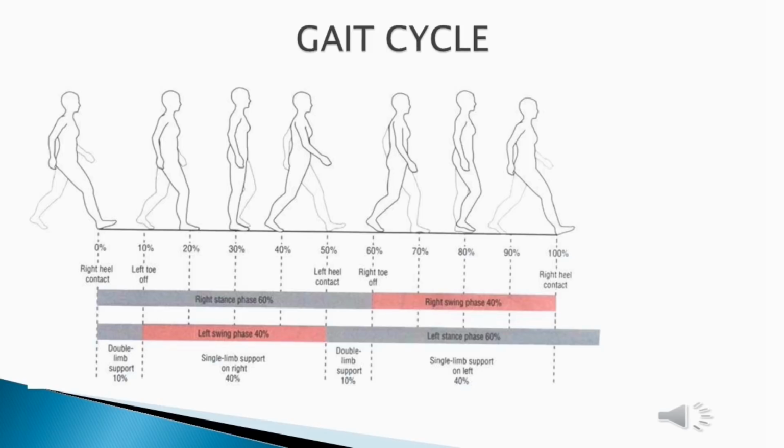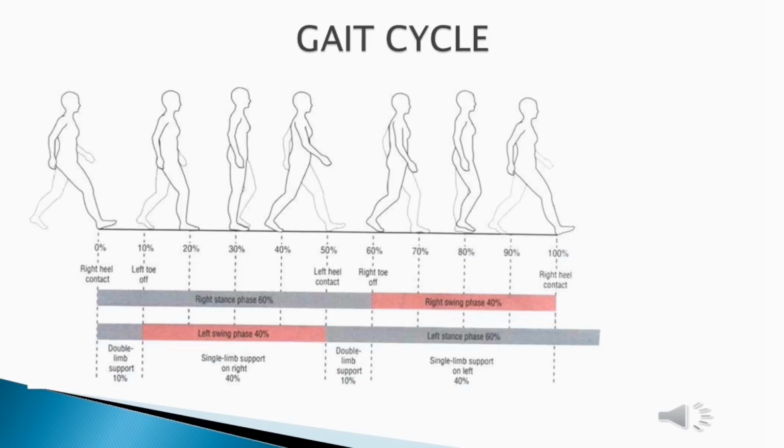In that case, the gait cycle resembled more like 20% stance and 80% swing. But for our purposes, it's important to remember that there should be approximately 60 to 65% of the time occupied by the stance phase of gait, and 35 to 40% occupied by the swing phase of gait.